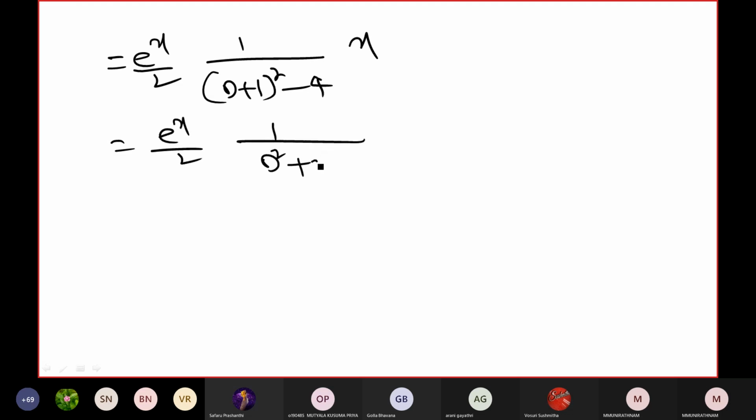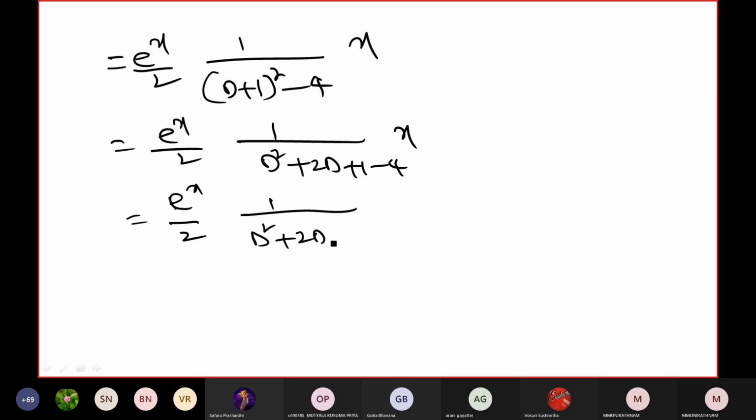This is d square plus 2d plus 1 minus 4, which we write as d square plus 2d minus 3. Right? Minus 3 taken common.